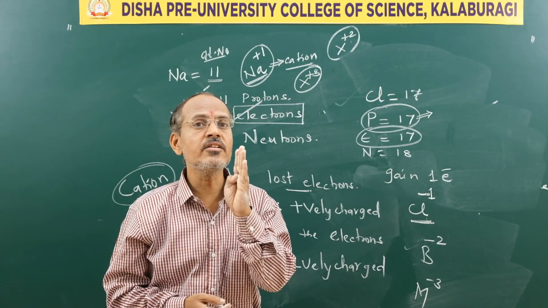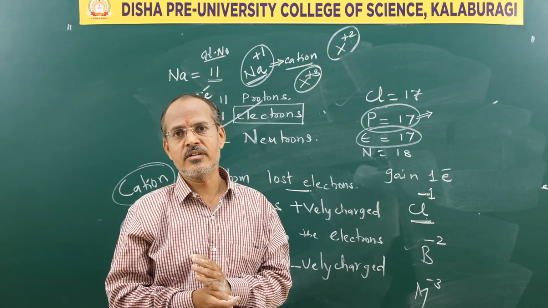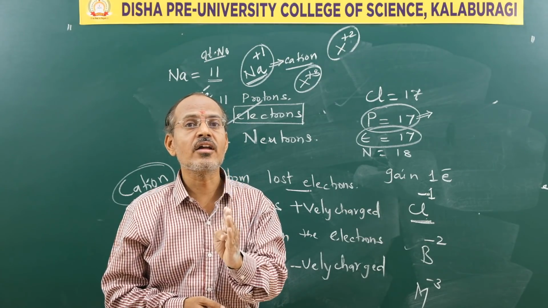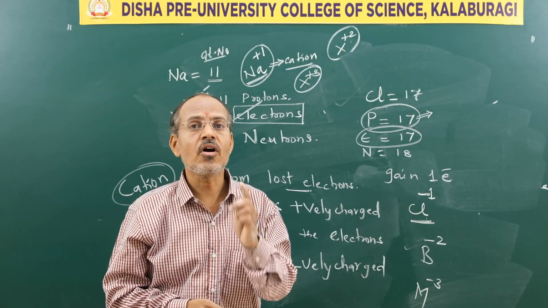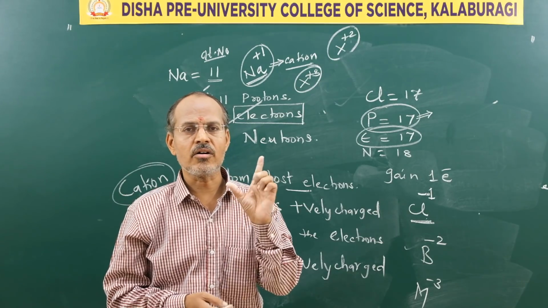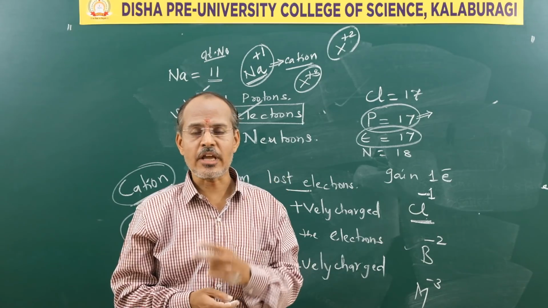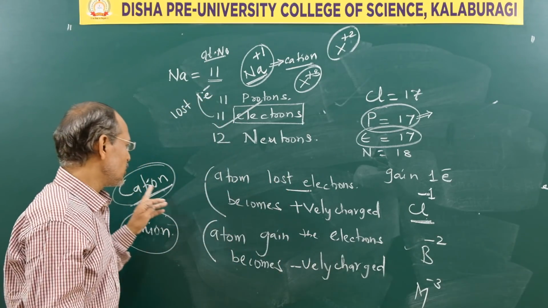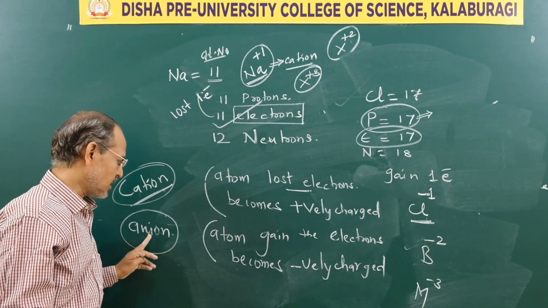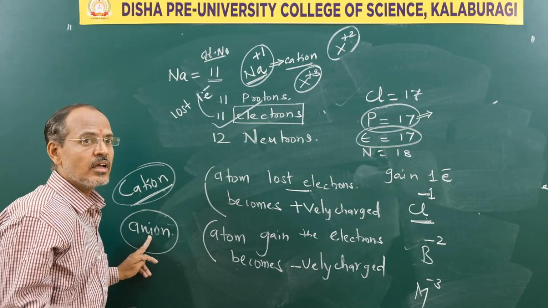That electrically charged species is called an ion. And this ion may be of 2 types: one, cation, another one is anion.